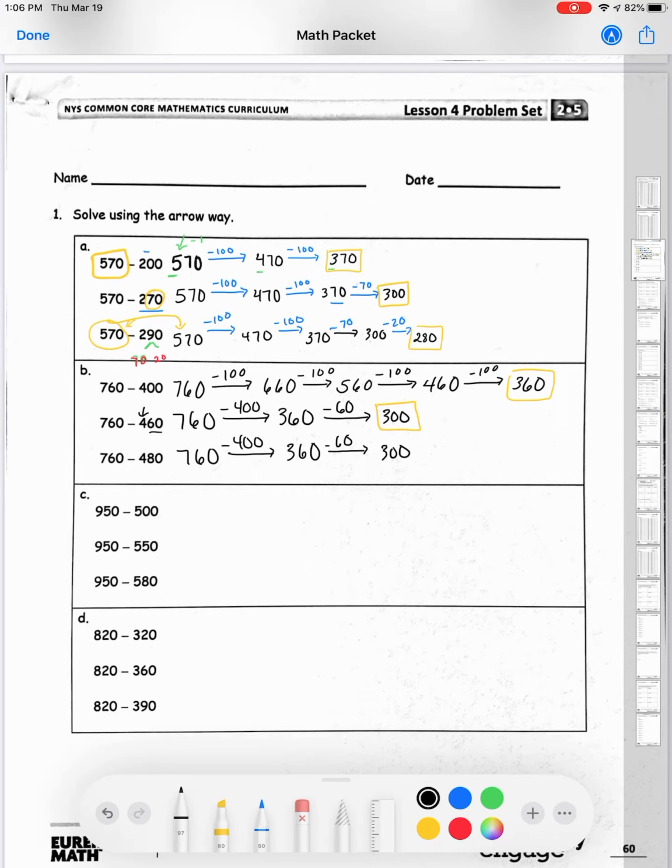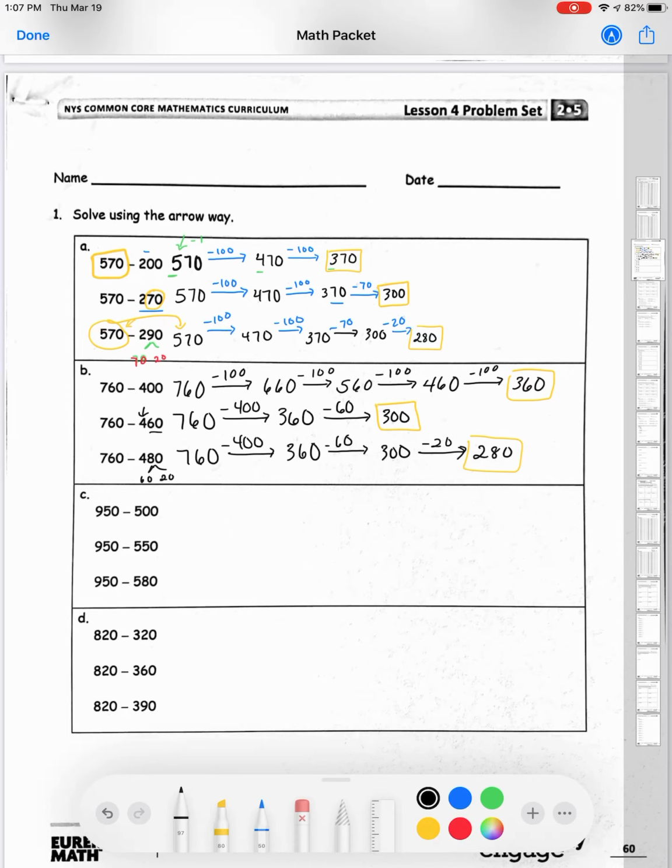Okay, but I have to take away more than 60. I'm going to also take away 2/10 because 60 plus 20 equals 80. So now I'm going to take away 20 and I count back. So I think 300, 10 less is 290, 10 less, 280. And that is my final answer right there.